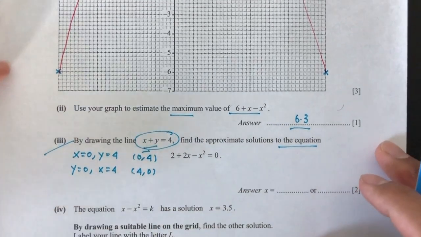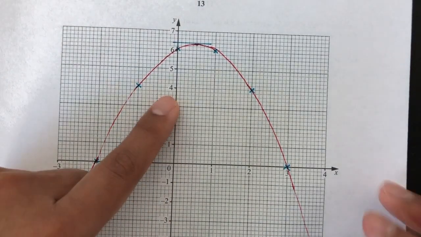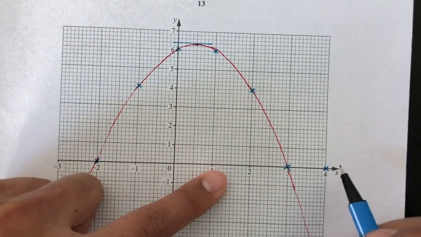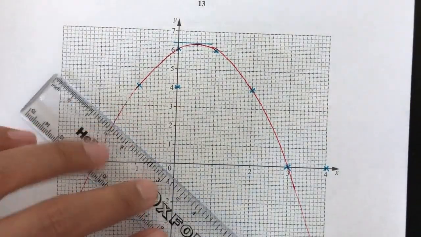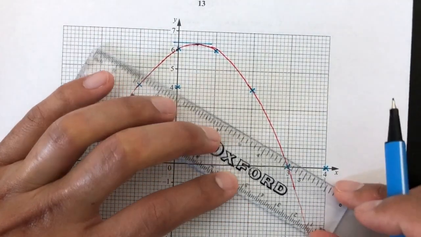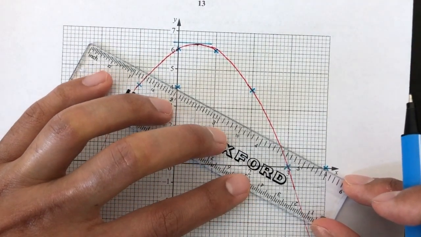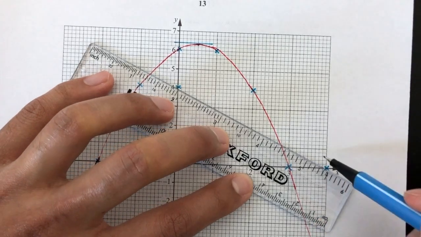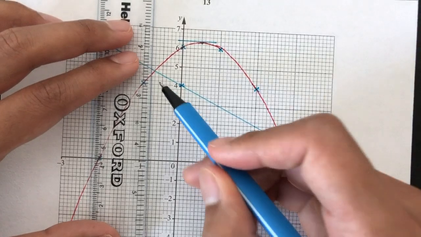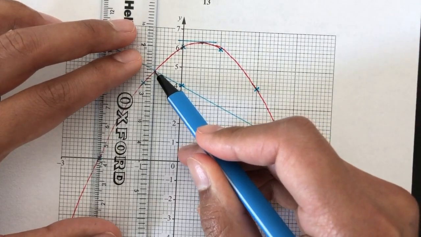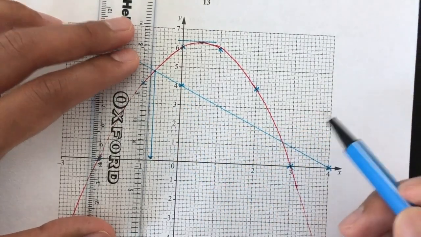Let's draw this graph. First point is there, (4, 0), and (0, 4). And let's see where this line cuts the curve. They cut the curve at this point here, and this point here.